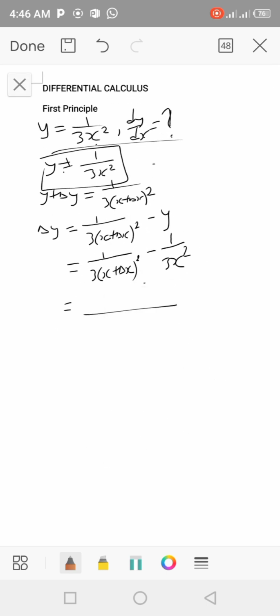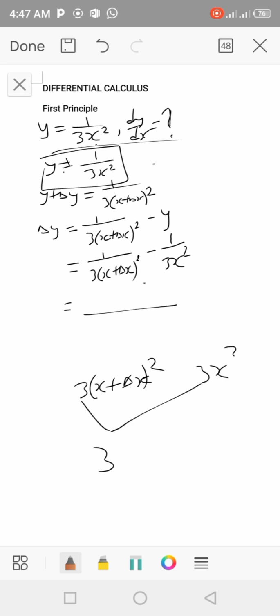and the LCM of the denominators will be, let's say we have 3(x plus Δx) raised to power 2, then 3x squared. So what's common here? We have 3, so nothing else is common.